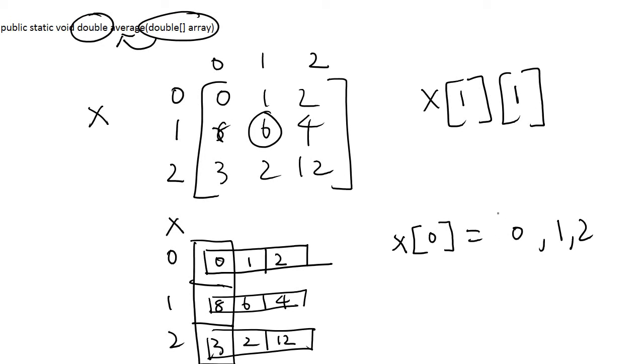So you see, at x0, it's 0, 1, 2. Then x1 would obviously be 8, 6, 4. x2 would be 3, 2, 12. So the thing about it is it's an array with arrays in them.